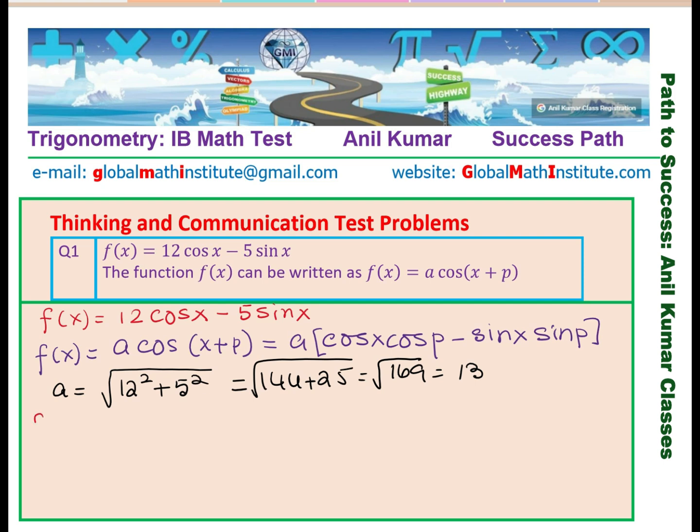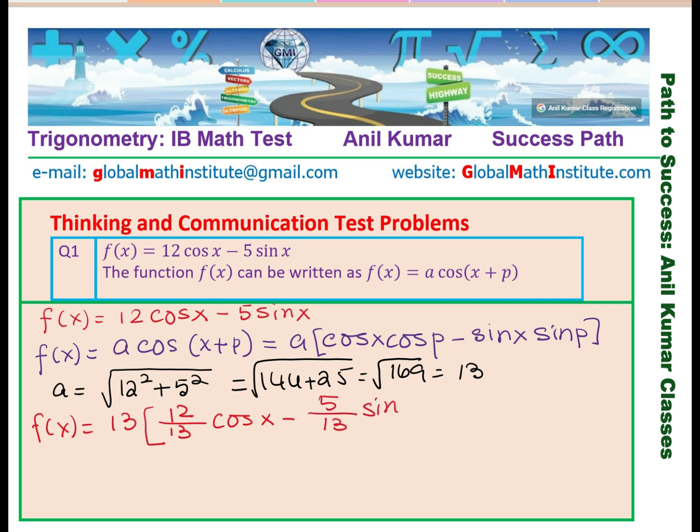Let me show you how. So f of x can now be written as, taking 13 as common, the equation now becomes 12 over 13 cos x minus 5 over 13 sin x.